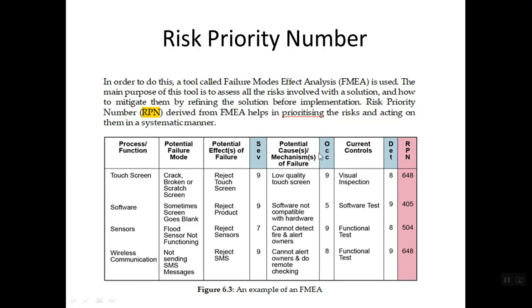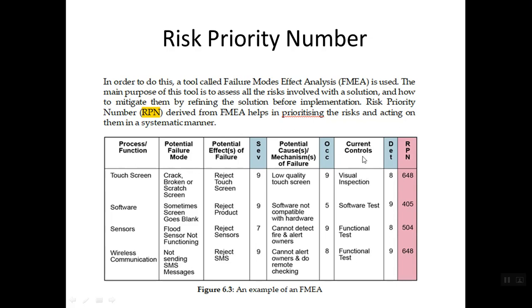There is also the potential cost because of the low quality. And how about the occurrence? If the likeliness is higher, the occurrence is also very high. So it's 9 out of 10. It means it's very likely to happen.